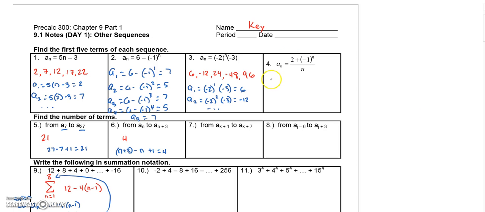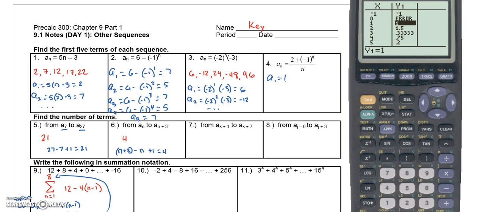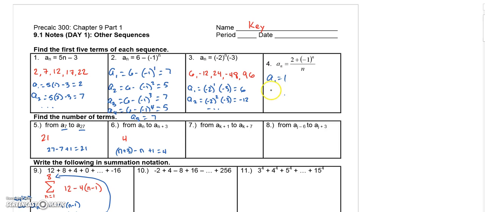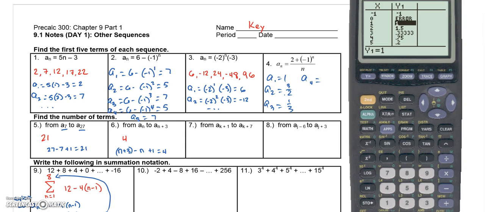So A1 is 1. It goes 1.5, 0.33, 3/4, 1/5.